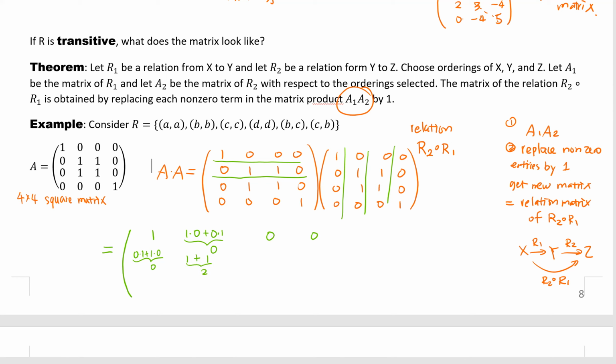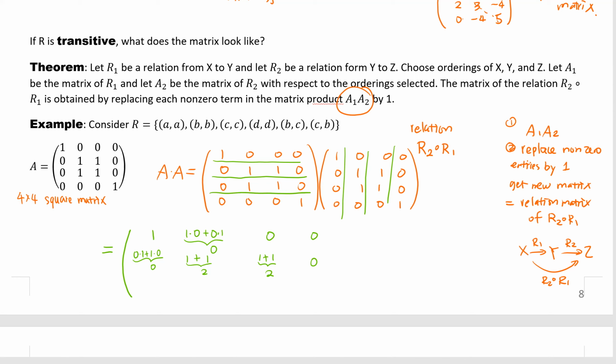Second row times third column, same thing: 0 times 0 plus 1 times 1 plus 1 times 1 plus 0 times 0. So we also get 2. The last entry: 0 times 0, 1 times 0, 1 times 0, 0 times 1. So the result is 0.